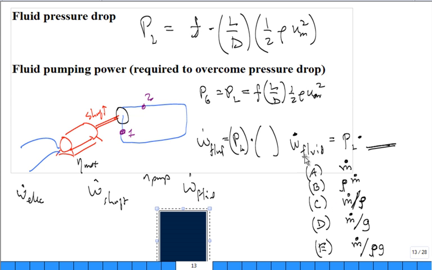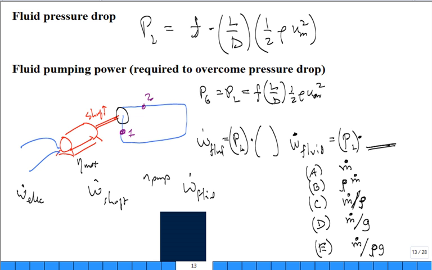This fluid power is the pressure loss times something. Is it m dot? Is it rho m dot? M dot over rho, m dot over g, or m dot over rho g? Is everybody in? All right, let's just shut it down.